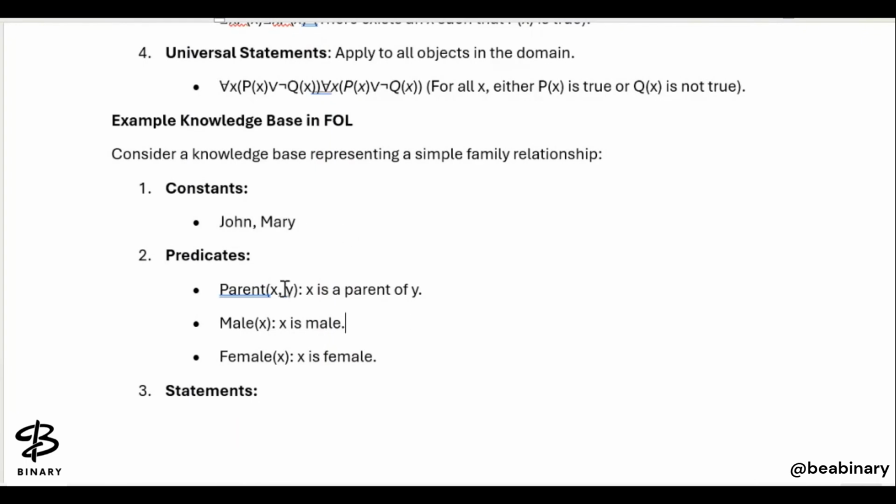Predicates are parent(X, Y), X is a parent of Y; male(X), X is male; and female(X), X is female. Here we are talking about the properties, whether male, female, or parent.